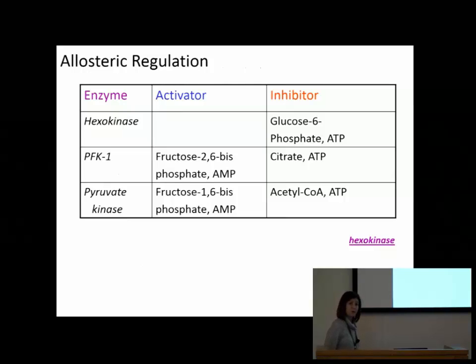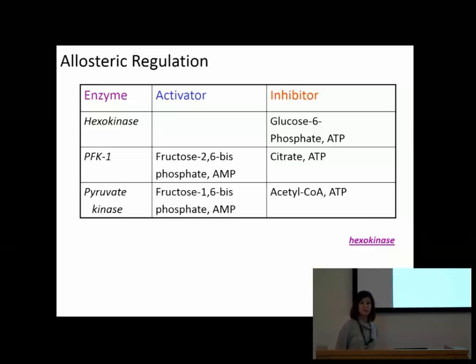The first one was for the first reaction, hexokinase, so that we are going to control the first use of our ATP. We know that ATP is going to be an inhibitor. Why invest ATP if we have a lot around? We don't need to do that. Also, if we have a lot of our product around, we're going to inhibit. So a lot of these you'll see that either its product or maybe a downstream product will be an inhibitor.